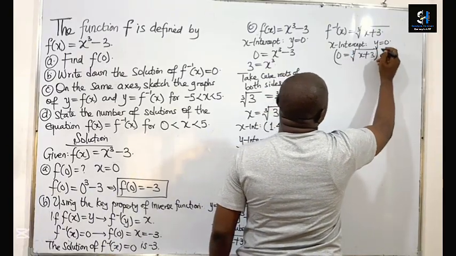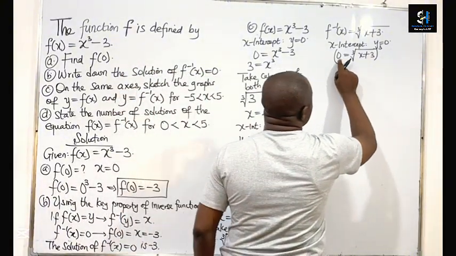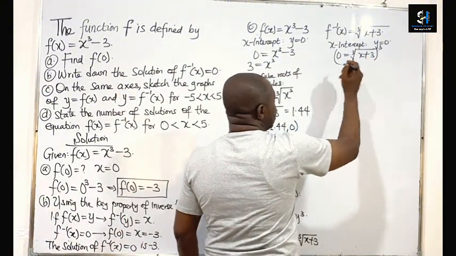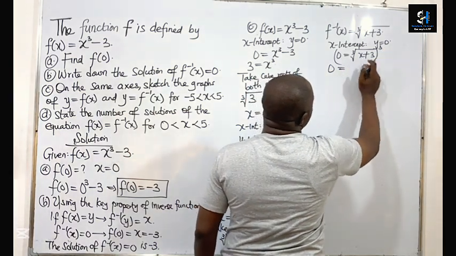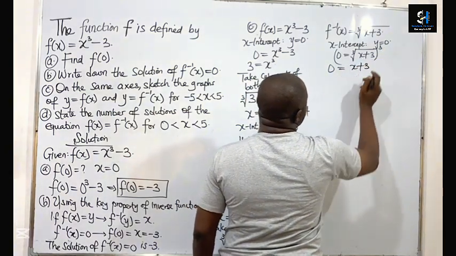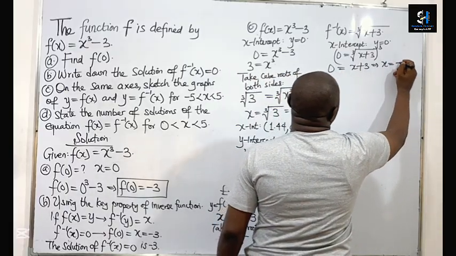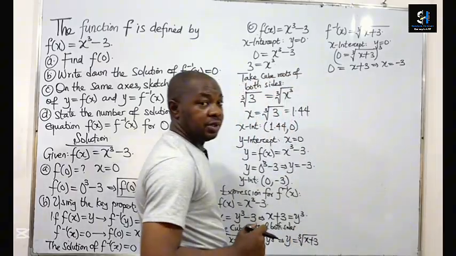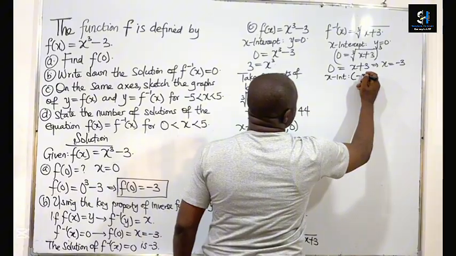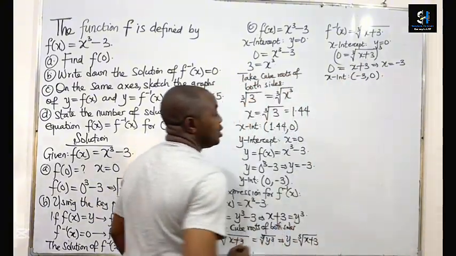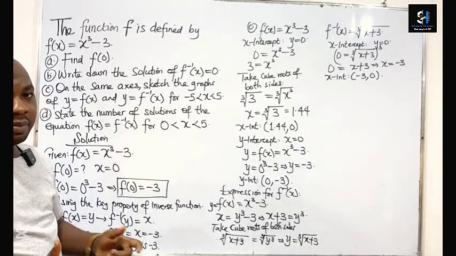In this case, I'm going to cube both sides. 0 cubed is 0, and the cube of the cube root of x plus 3 is x plus 3. I'll carry this over to the left hand side so that the value of x will be minus 3. So the x-intercept is minus 3, 0. That is, when y equals 0, x is minus 3.